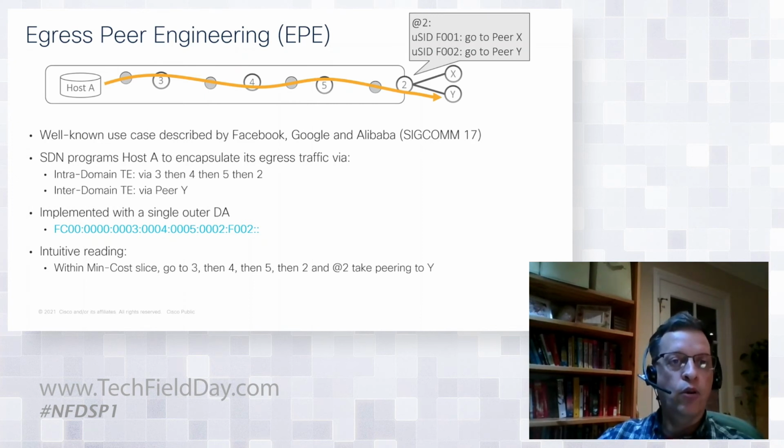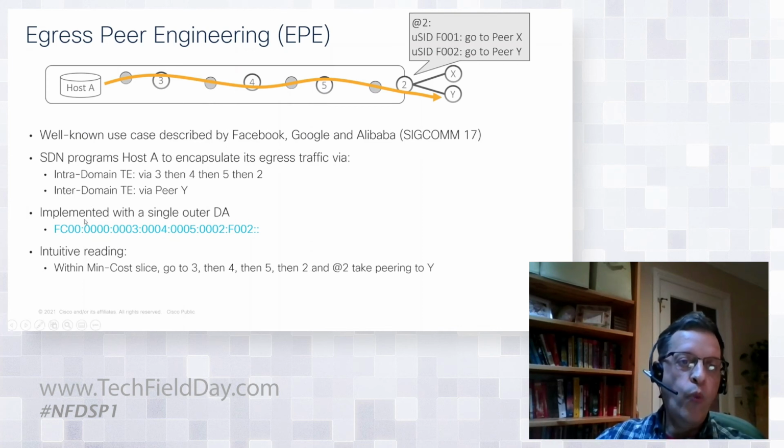The hosts are going to be controlled by, for example, their SDN controller. And the idea is to realize a path where I can move within my network through specific waypoints. I want to go via 3, via 4, via 5, via 2. And then once I get to 2, I want to go exclusively out via peer Y, not via peer X, which is what BGP may have been doing in my BGP next hop criteria. So that's really the end goal.